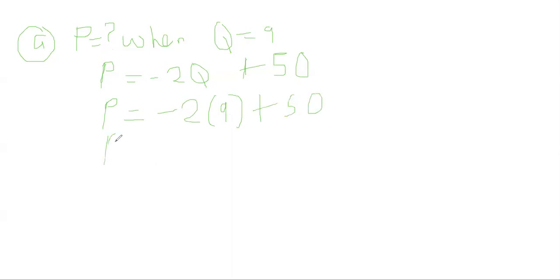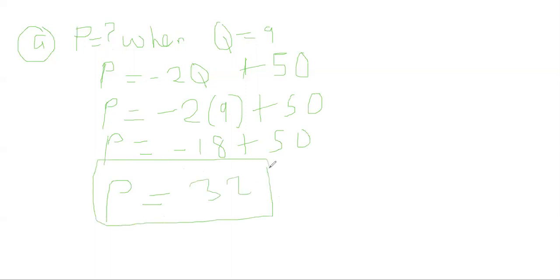So we'll have P as what? P equals minus 18 plus 50. And this will give us what? Let's see it. How much? 32. So the price will be 32 when the quantity is 9.